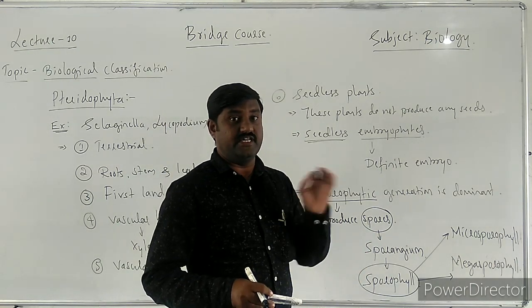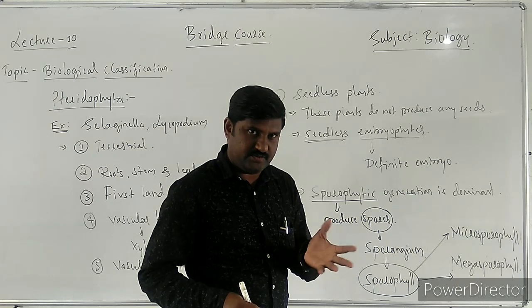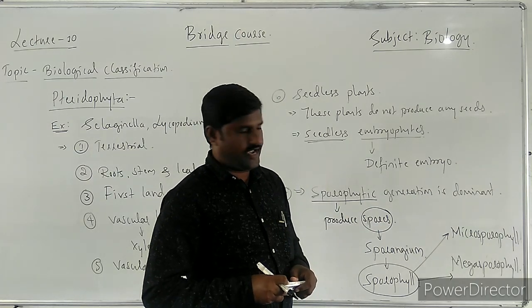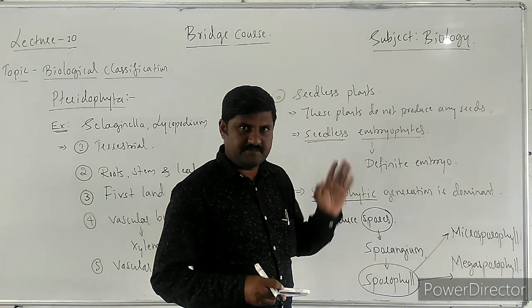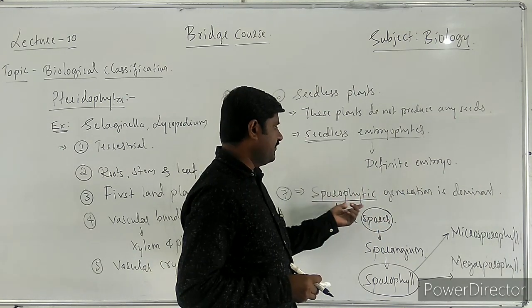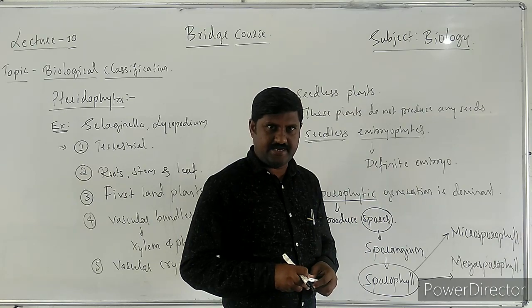These plants produce leaves which contain sporangium, which contains spores, and that generation of the plants producing spores is called the sporophytic generation, right?